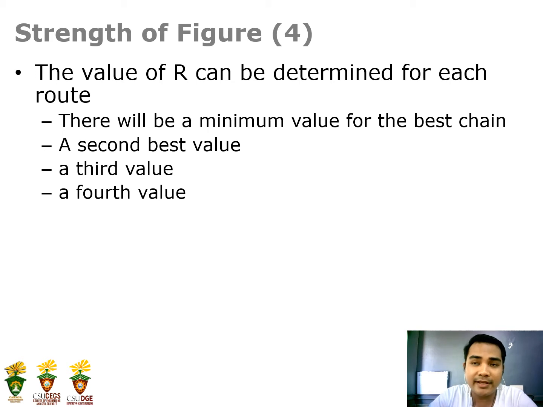Of the 4 routes we compute, we will have 4 strength of figure values. The minimum value is the best chain of triangles, then the second best value, the third, and then the fourth. So what we consider is the minimum. If it has the minimum value, it is the best chain of triangles.